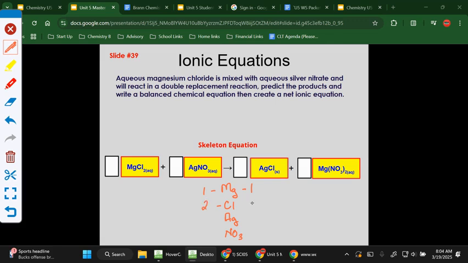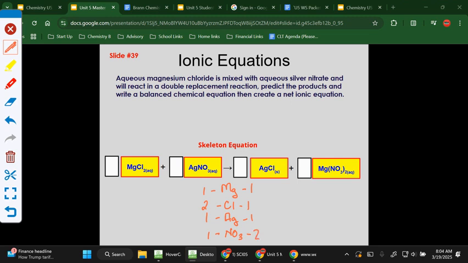How many after the arrow, Elsa? After the arrow, Elsa, sorry. Thank you. How many silvers are there before the arrow here, Paola? And after the arrow? 1. How many nitrate groups, Jalen? Groups. Before the arrow, 1. How many after? Good. Excellent.